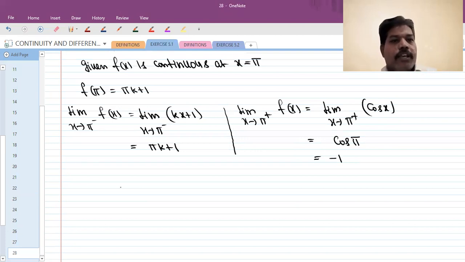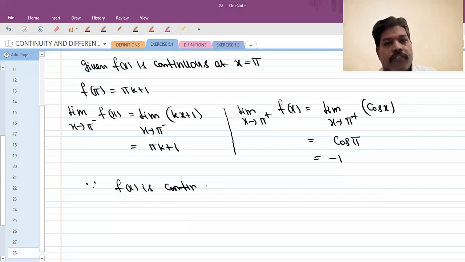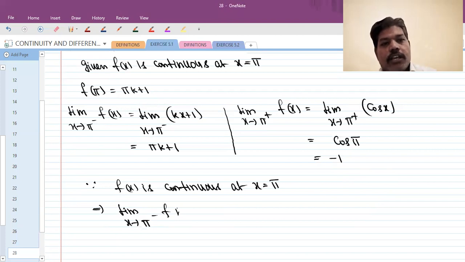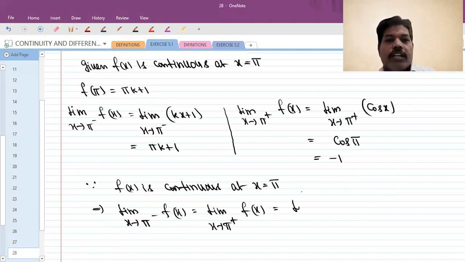Since f of x is a continuous function at x is equal to pi, by the definition, what we will get, students? Limit as x extends to pi minus of f of x is equal to limit as x extends to pi plus of f of x, is equal to f of pi.